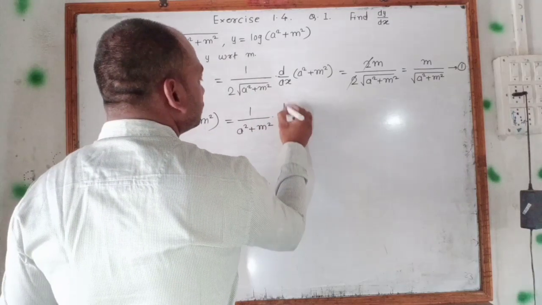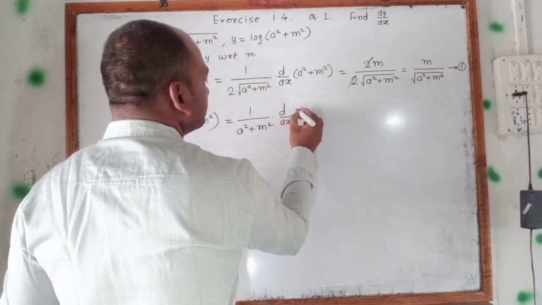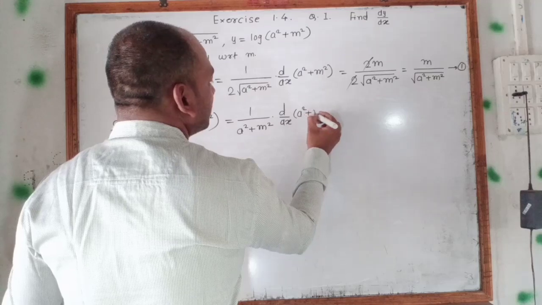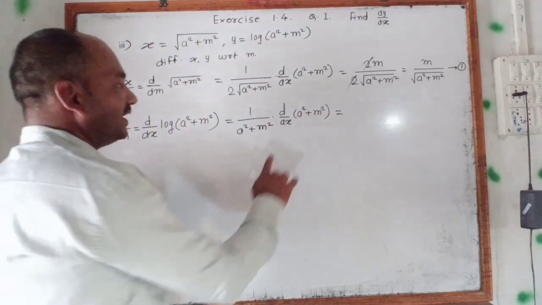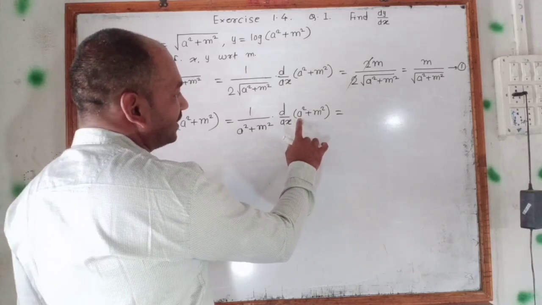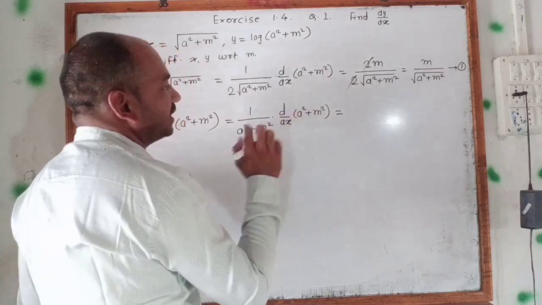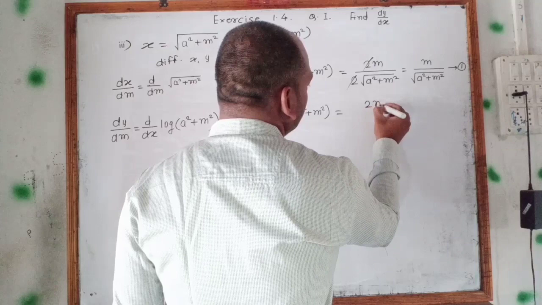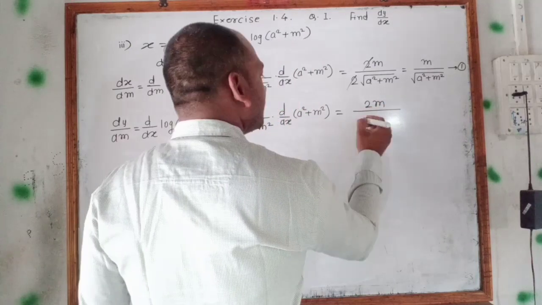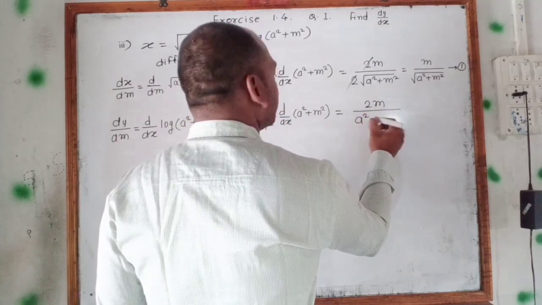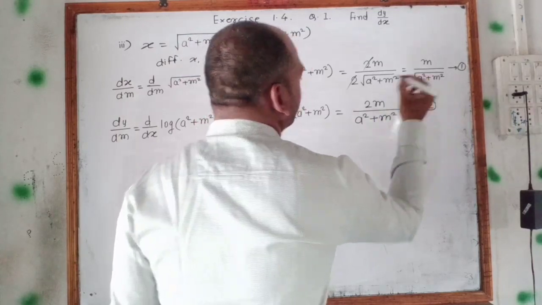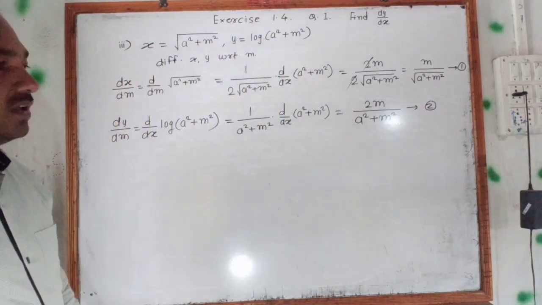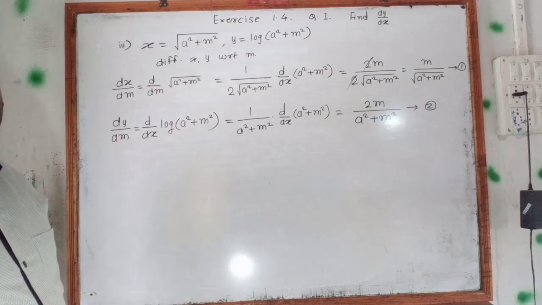Now into d by dm of a square plus m square. Now the derivative of a square is 0 and of m square is 2m. So we have 2m upon a square plus m square, equation number 2 here. So also we get dy upon dm.